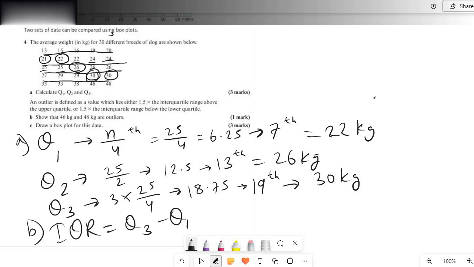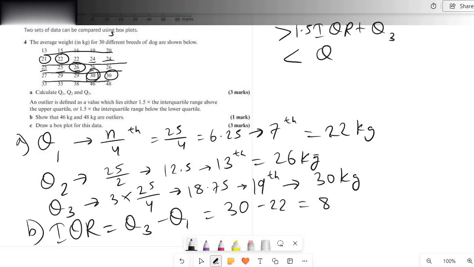If you remember from our previous videos, in this case it is 30 minus 22, which is 8. And so we can find the outlier range, which is greater than Q3 plus 1.5 IQR, or less than Q1 minus 1.5 IQR.